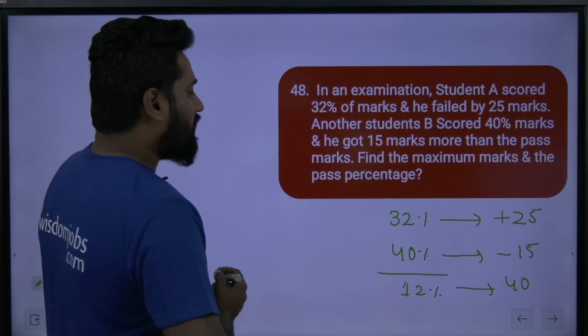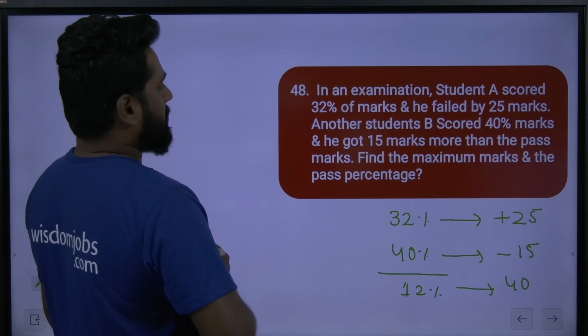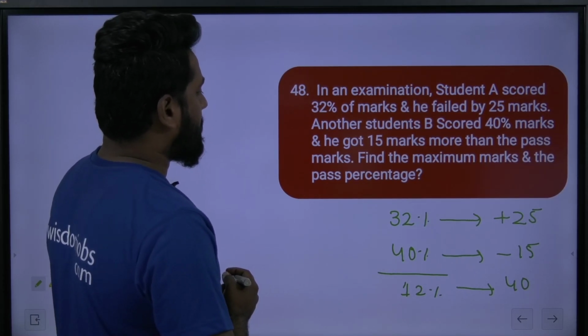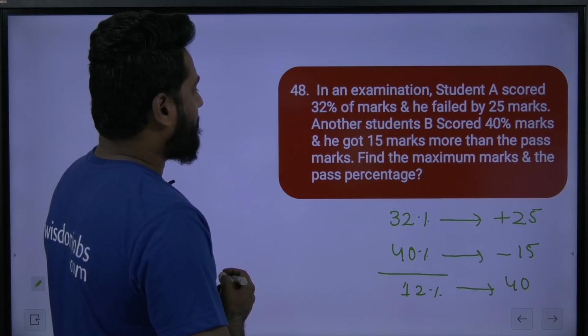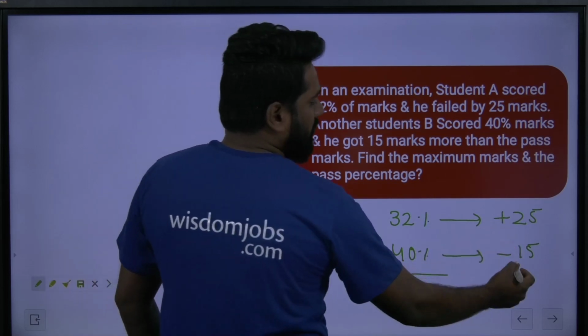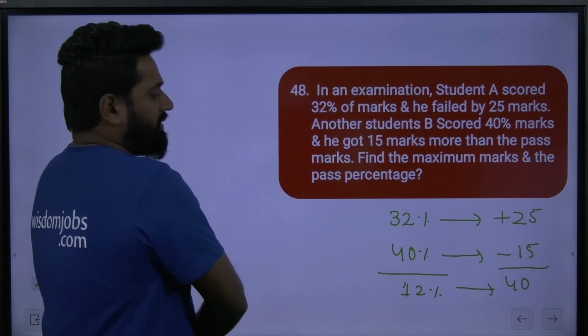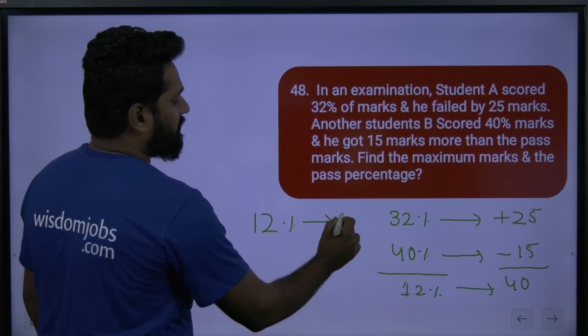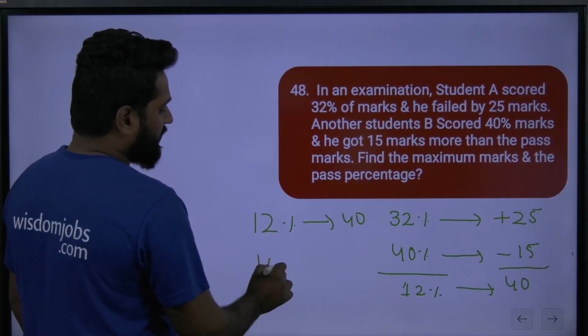Is it clear? Now, 15 marks more than the pass is given. So 12% indicates 40. You have to find the 100% value.